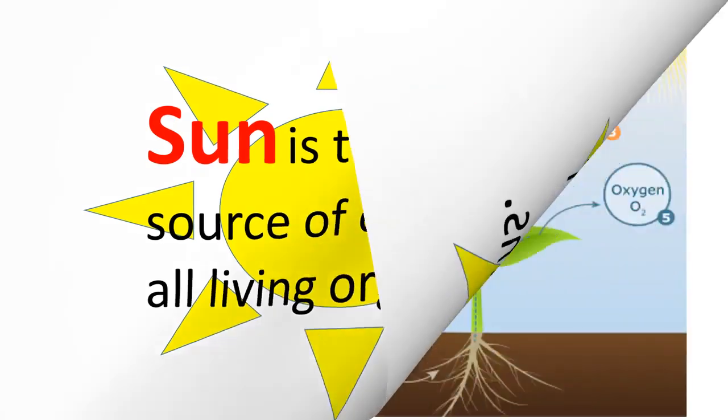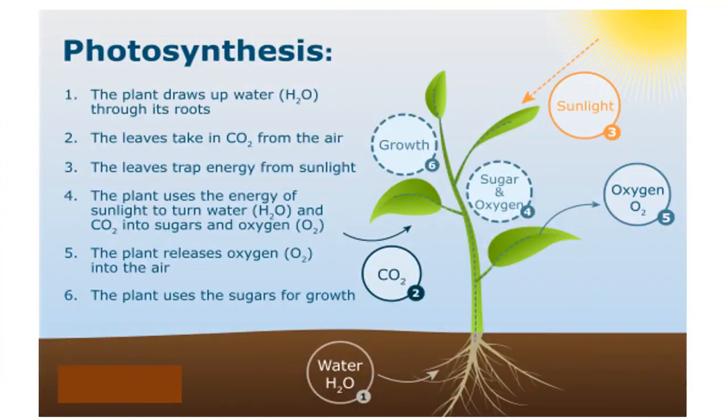Here, diagrammatically, we have represented the process of making food by green plants, that is photosynthesis. You can see clearly from the diagram the plant draws up water through their roots, which is denoted by point number 1.